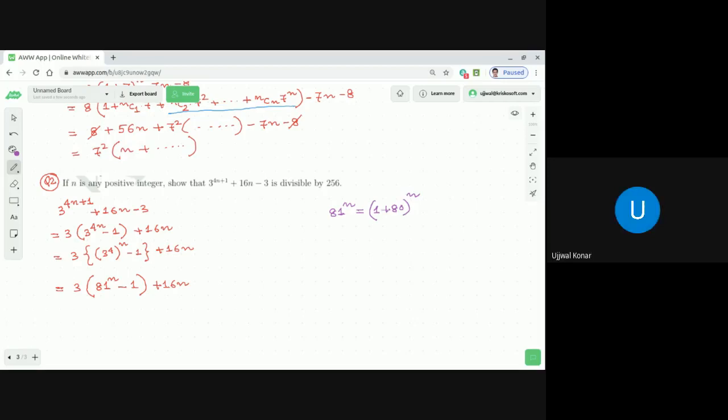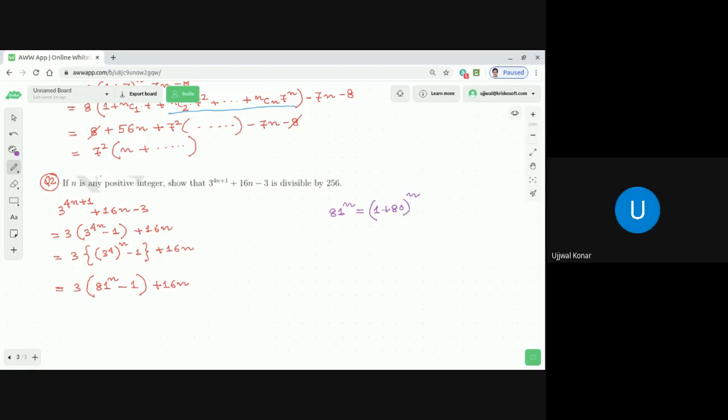All of you agree with me? If you see, 80 is equal to 5 into 16, correct or not? So 80 square contains 256. So that is the justification for why we should express 81 power n as 1 plus 80 power n. Correct, no?